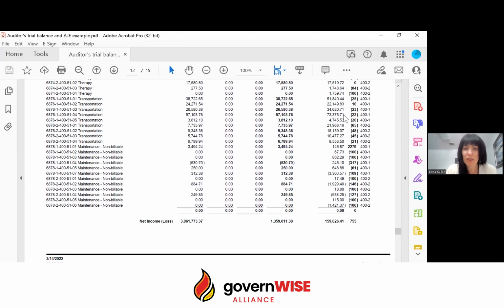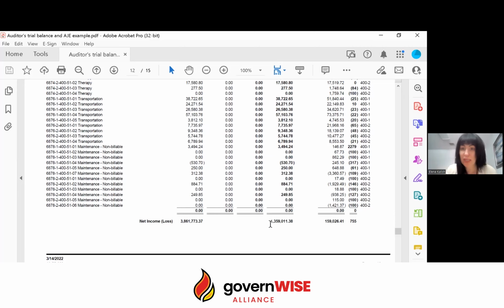You'll see the net income or loss for the year, right? That's our surplus or deficit. And this number is important, because one of the easiest ways to check that my records internally agree to the auditors is I look at my income for last year. So if I'm preparing for the 2022 audit right now, I'm going to go into the 2021 year.